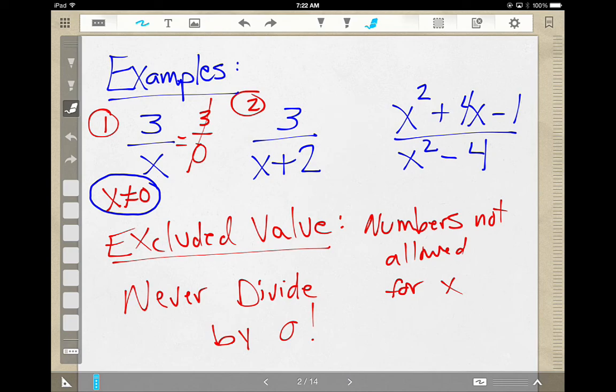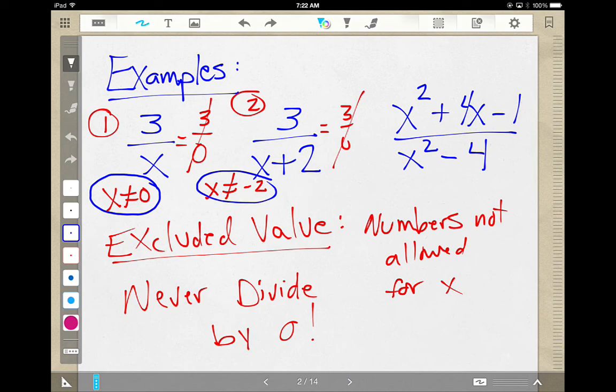So I'm looking at this, I'm saying, if I put in negative 2 for x, negative 2 plus 2 would turn that into 3 over 0, and that's what can't happen. So my excluded value for example number 2, I would simply say, you know what? X is not allowed or cannot equal negative 2. And this would be my excluded value.